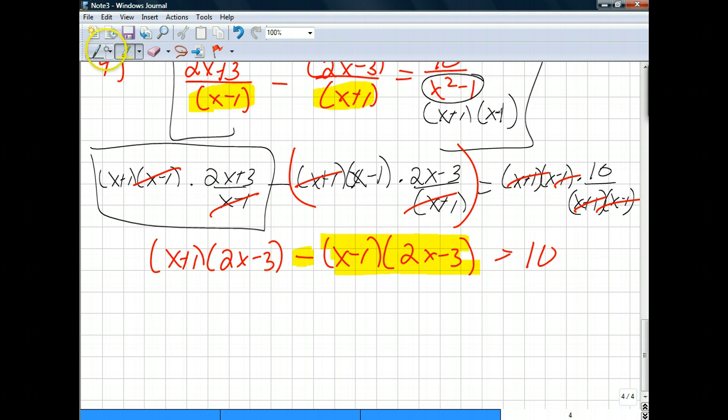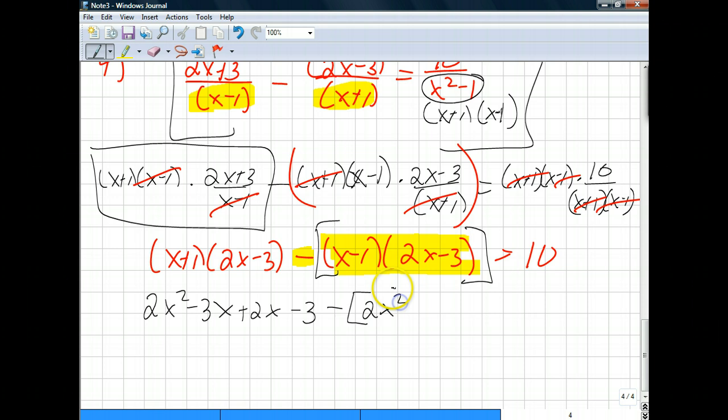So what we have to do is put that in brackets so that we remember to distribute that negative once we get it multiplied out. So now we're going to FOIL. So this is 2x squared minus 3x plus 2x minus 3 minus 2x squared minus 3x minus 2x plus 3 equals 10.